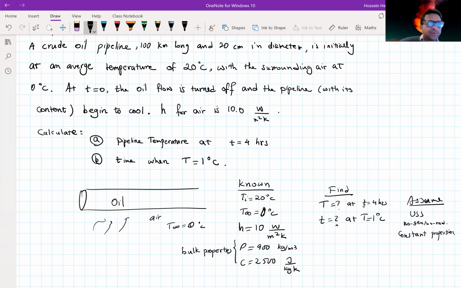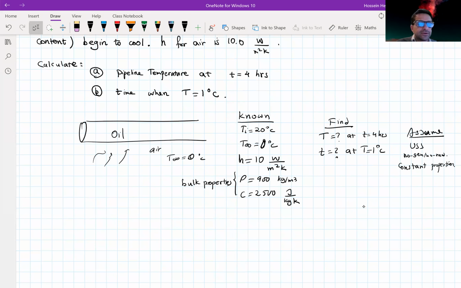And assuming the pipeline itself is made of a very conductive material, we can neglect the conductive resistance and assume only oil exists here for the purpose of this problem.